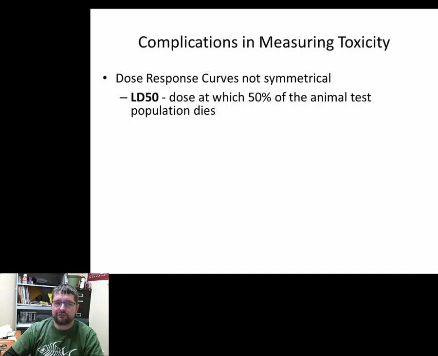Now, the LD50 is not where we say, all right, this is safe enough for humans. We don't want 50% of the humans to die, but we're after the LD50 so we can calculate from there what's an acceptable toxicity. No humans are going to die. That's an acceptable toxicity. At least for most chemicals, we don't want the individuals to die.